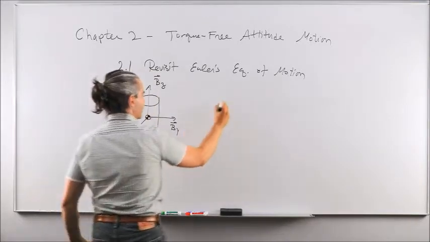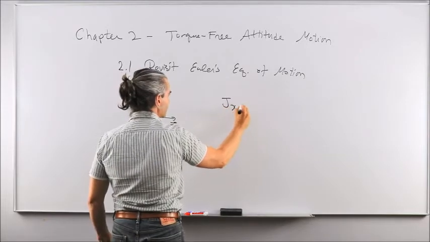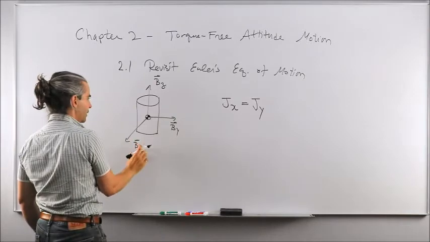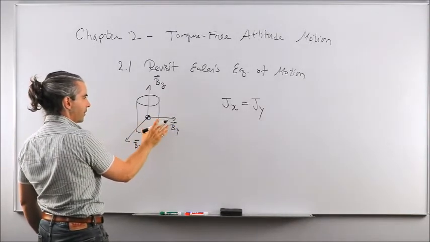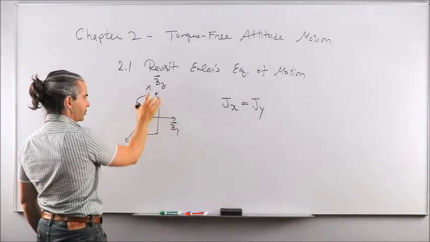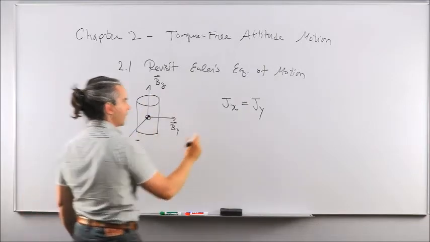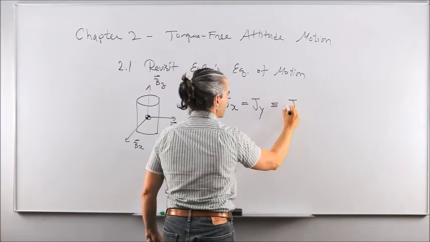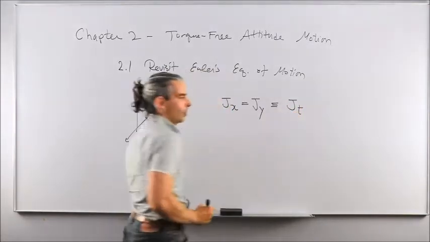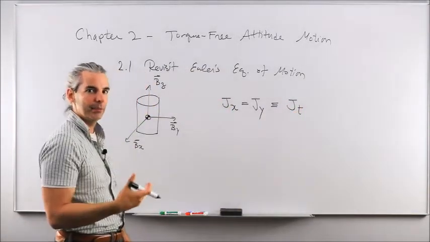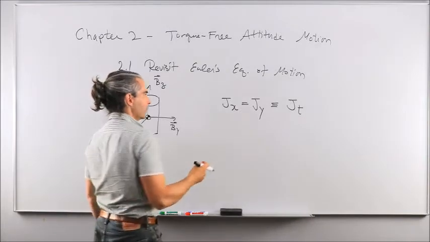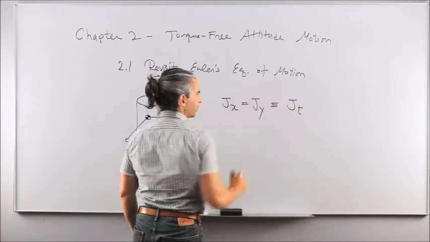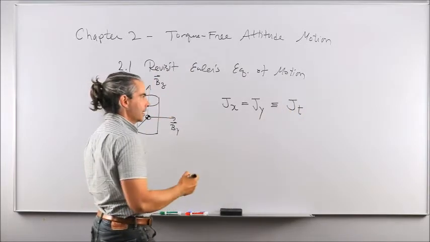And here, I'm going to say that Jx is going to be equal to Jy by virtue of aligning Bx and By in those two specific directions, and by virtue of the geometry of the rigid body, such that those are going to be referred to as the transverse principal moment of inertia, and that will ease up the derivation procedure because those two will be replaced by the same scalar quantity, which is going to be denoted by Jt, T for transverse.